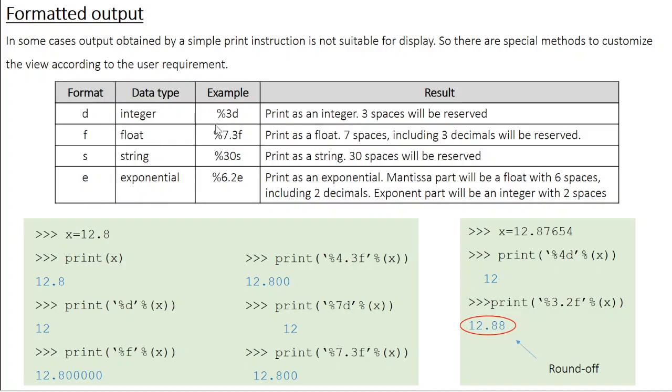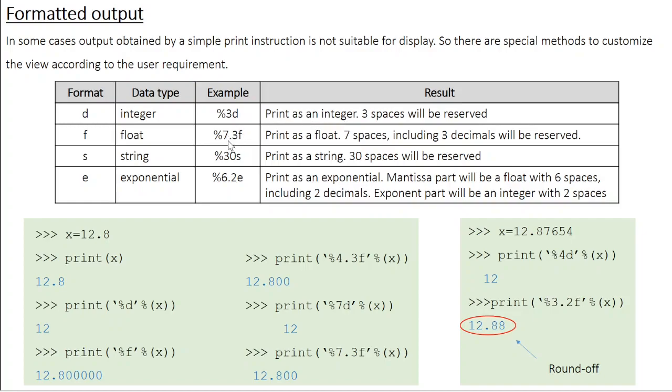Let's see some examples. Always for formatted output, you have to use the percentage symbol. So when you say %3d, the moment Python sees d, it knows that the value should be printed as an integer. And what's the meaning of 3? It means 3 spaces will be reserved for this integer value.